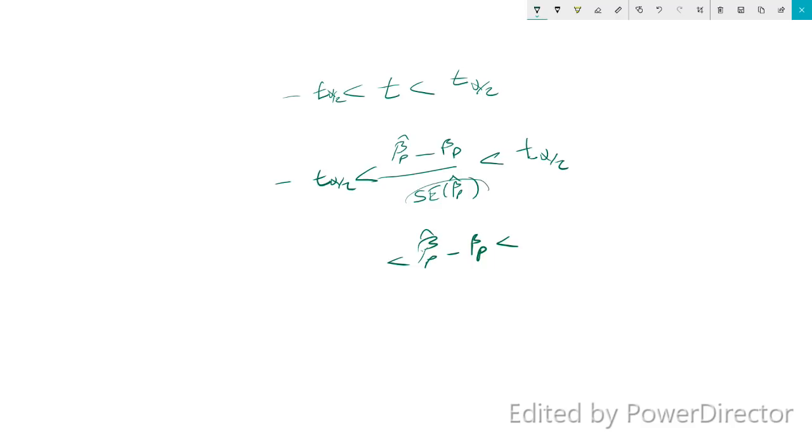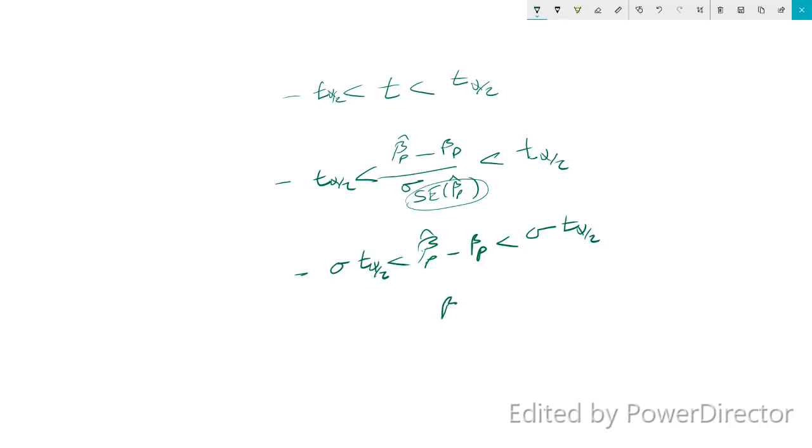I'm gonna call this, just for simplicity's sake, sigma, but I know what sigma is referring to. So it's gonna be sigma times t alpha over 2, and this sigma could be easily observed by running the OLS estimation, minus sigma t alpha over 2, and then you just simply multiply everything by a minus sign.